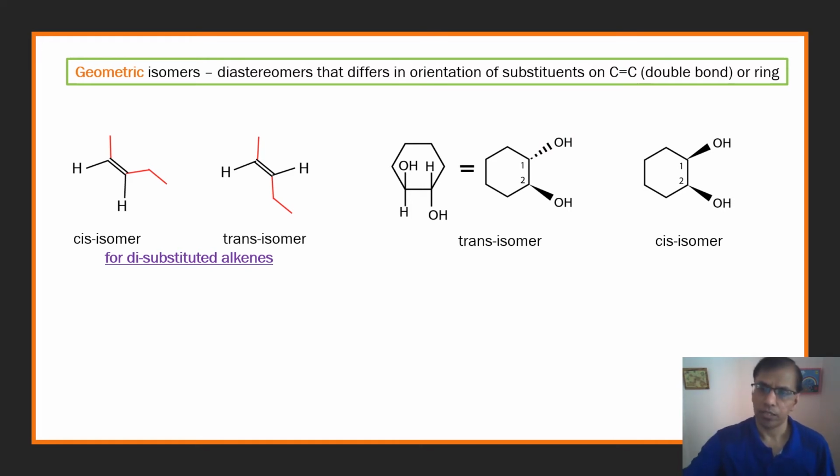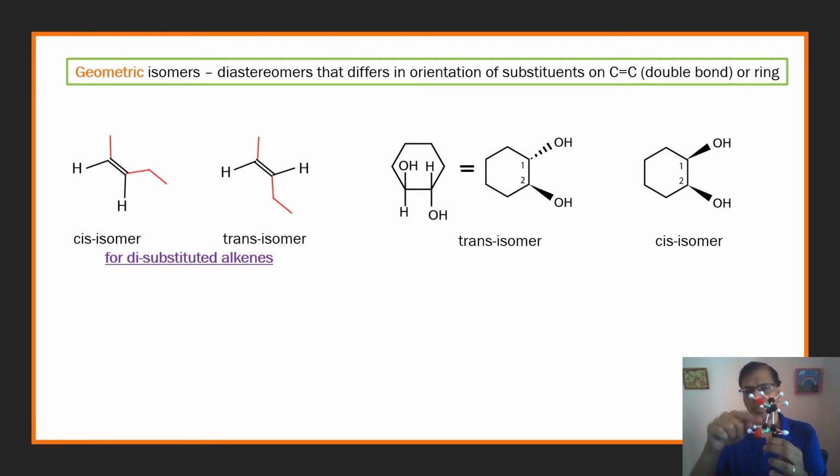So I have a model right here, and this is a cyclohexane ring. Let's count the atoms: 1, 2, 3, 4, 5, 6. So there are 6 atoms, and this is cyclohexane, and this is an oxygen atom with hydrogen. So this is the OH group, and then we have another OH group.